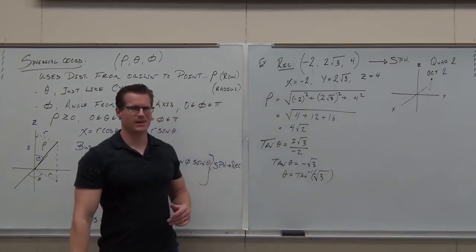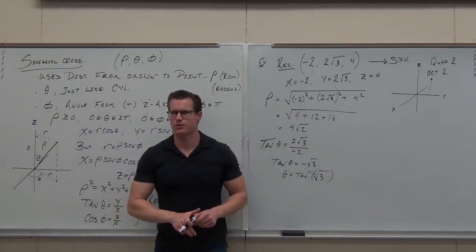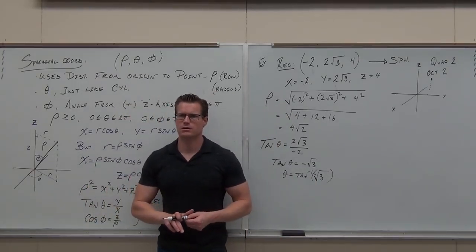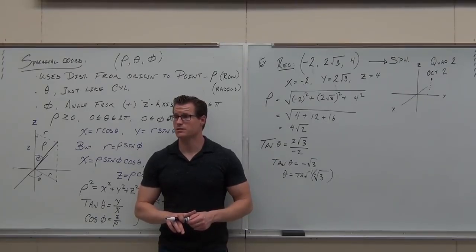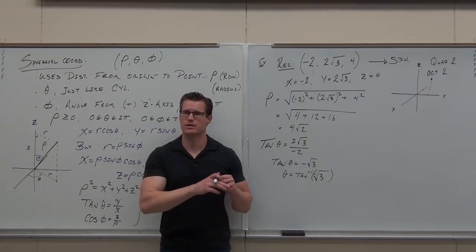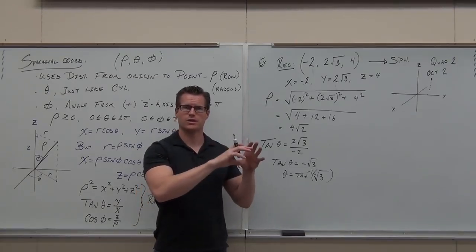Tan inverse of, man, do you know tan inverse of negative square root of 3? Do you know that one? So 30? Give it to me in terms of pi. Pi over 6? So let's see, we want sine over cosine, right?